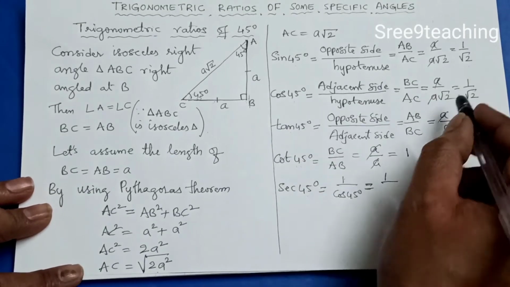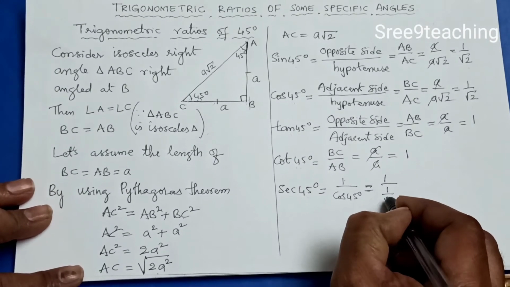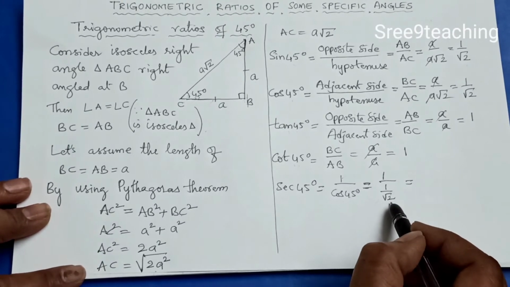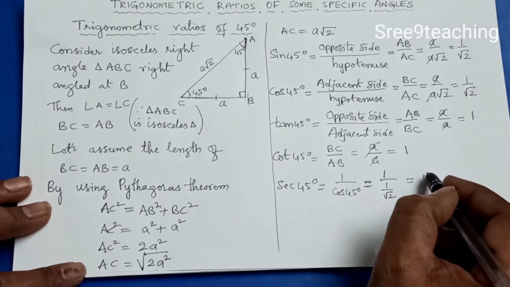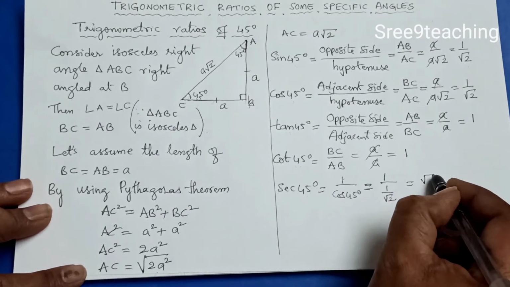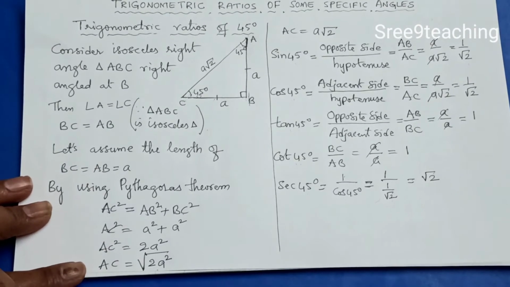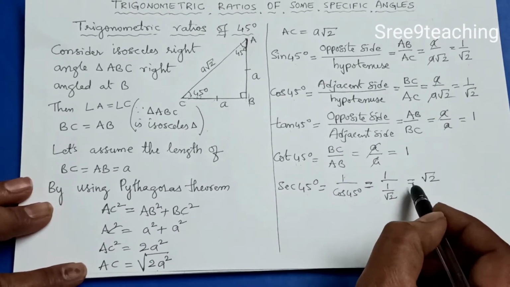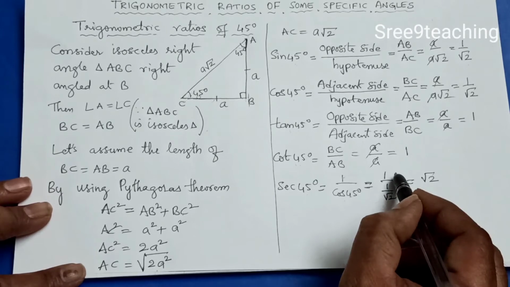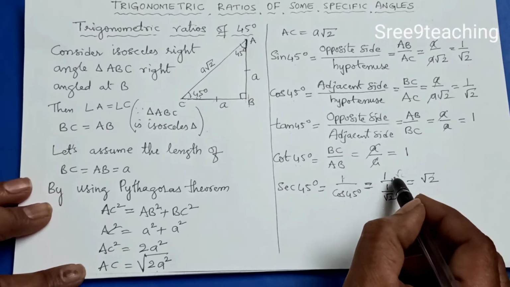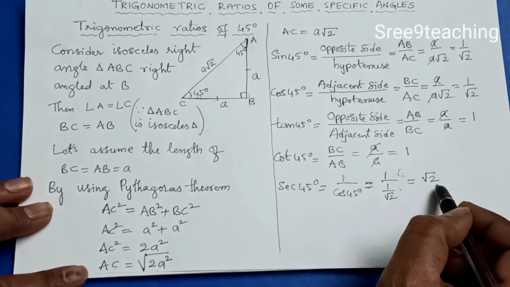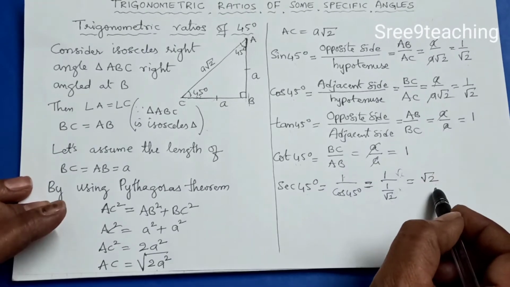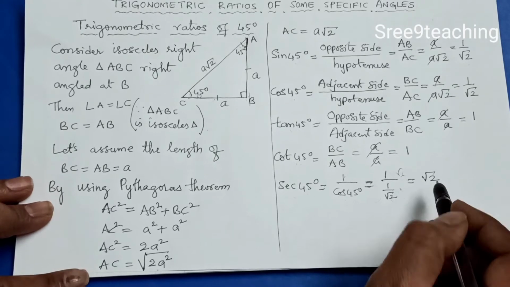How much did you get? 1 by root 2. To get this, the fraction has to be cancelled: root 2 by root 2 is multiplied, and root 2 into root 2 gets cancelled, and in the numerator we get root 2. Or simply, the reciprocal of 1 by root 2 is nothing but root 2. So sec 45 degrees is equal to root 2.